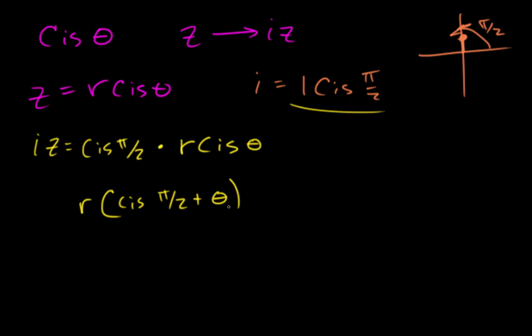All that's saying is that we have to rotate in the positive direction, which is counterclockwise, by pi halves. And if you remember, in a previous video we proved that a different way, and came to the same conclusion: z to iz is a rotation counterclockwise by pi halves.